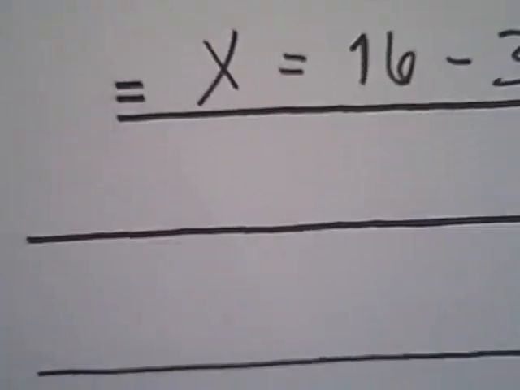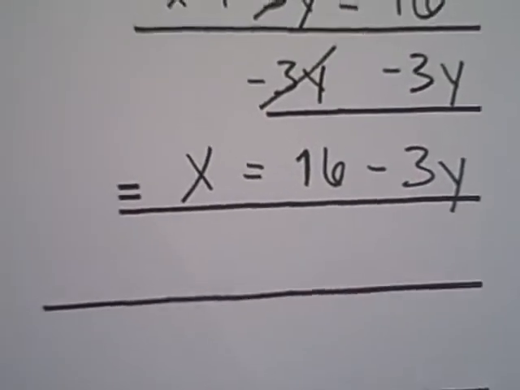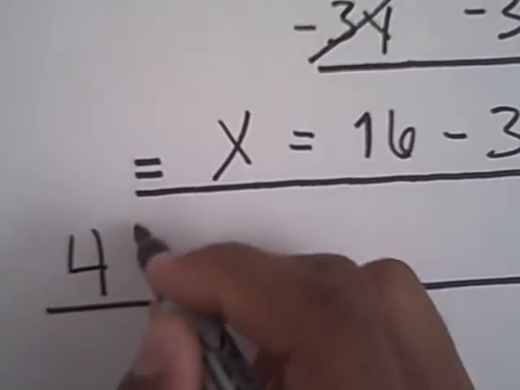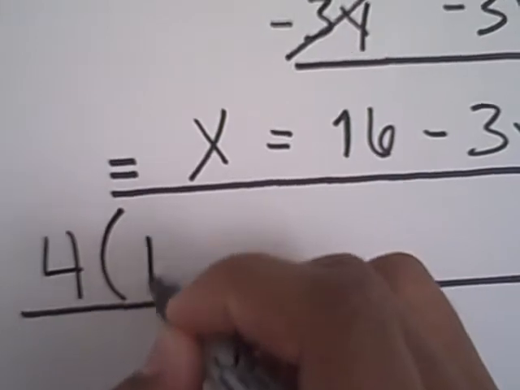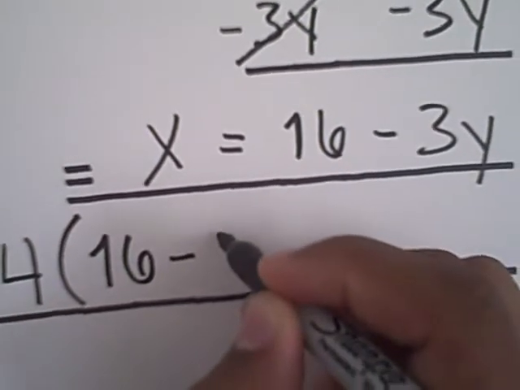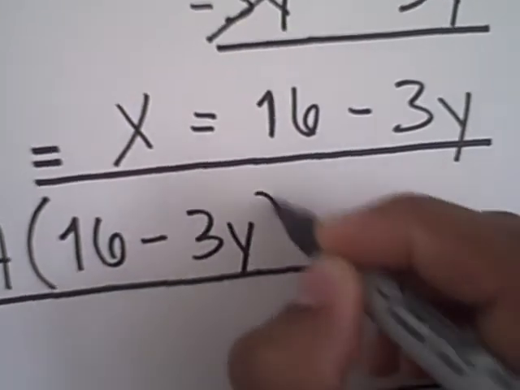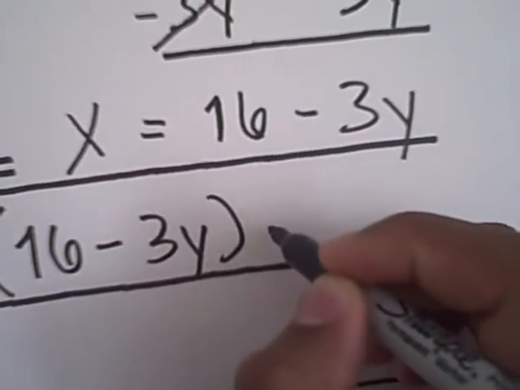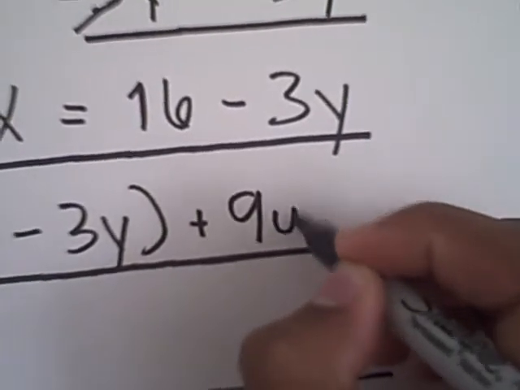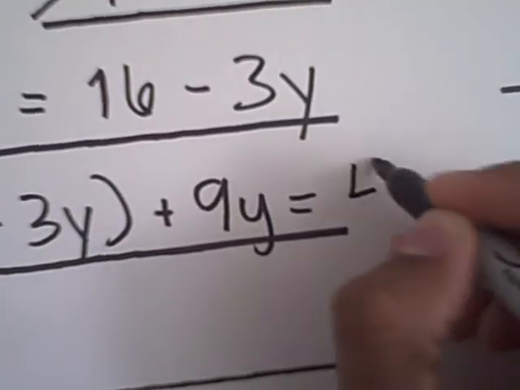So now we plug those in, which is 4 times the quantity 16 minus 3y, plus 9y equals 46.